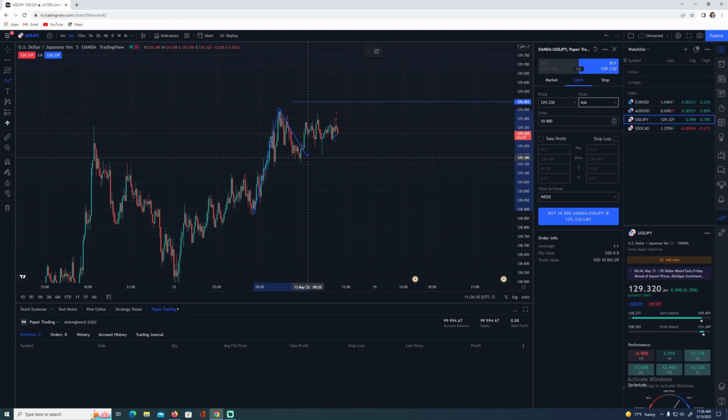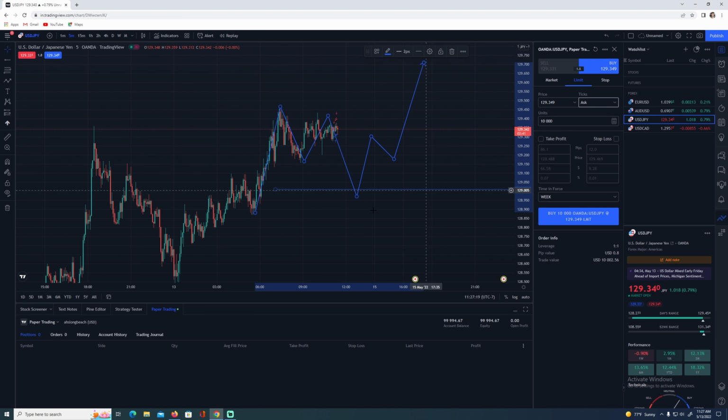To not confuse you, let's say price is right there, but for some reason we think price is going to come down to this low, and then continue higher.